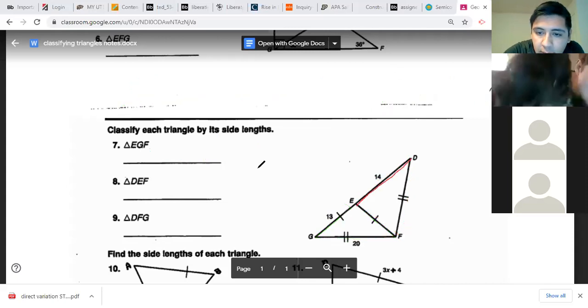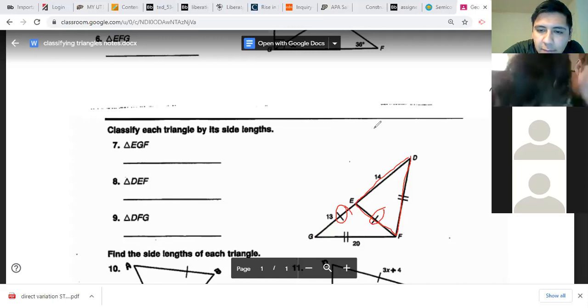So triangle DEF. But how will we know if they're all equal or not? Pay attention to the lines, right? We know that those two are equal, so G and E is 13.